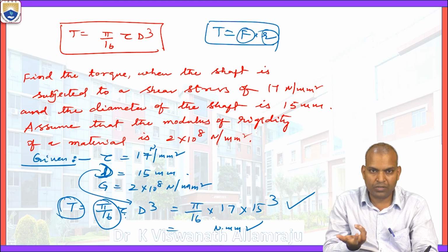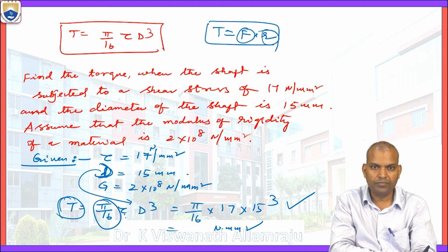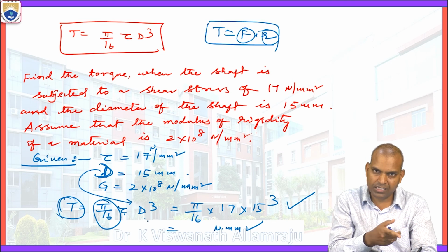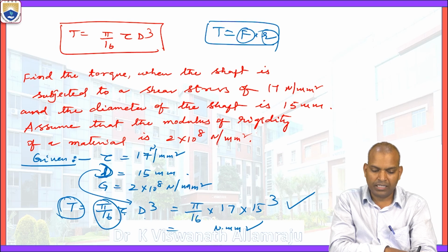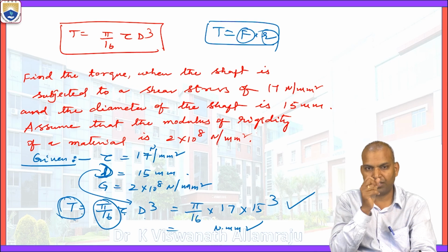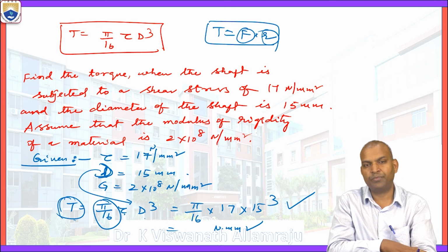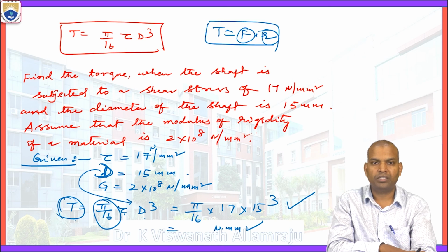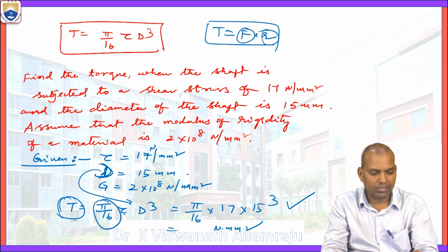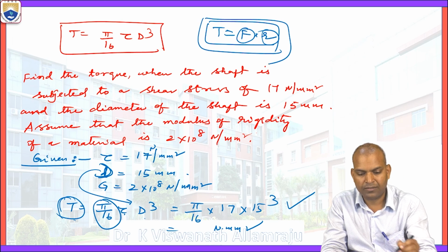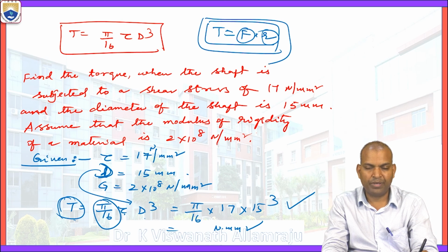That means shear stress involves the shear force, and D, or radius, is inside. So both meanings are the same: the torque depends upon the shear force and the radius of the shaft, or the shear stress and the diameter of the shaft. Ultimately it depends upon shear force and the radius of the shaft. So the unit also remains the same.